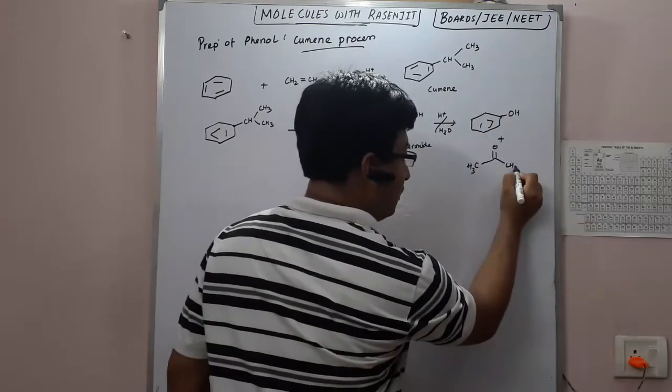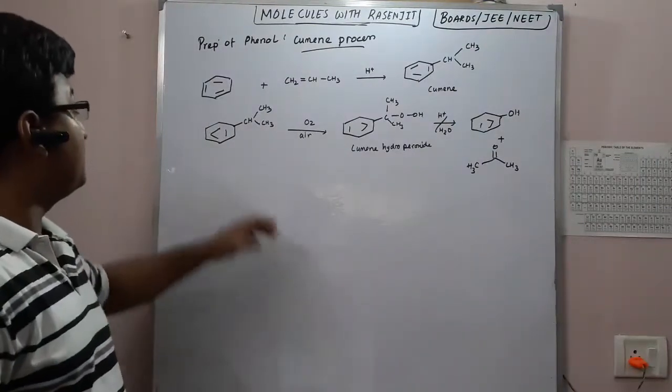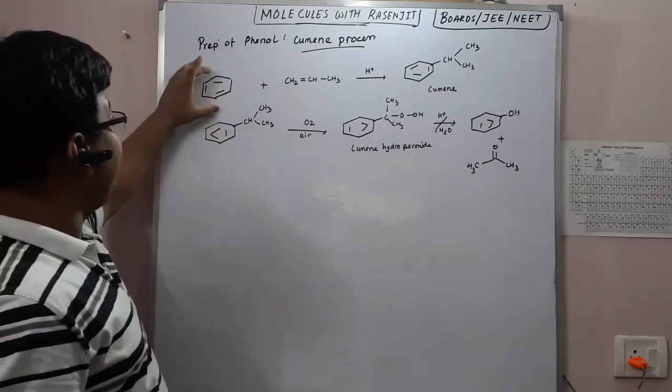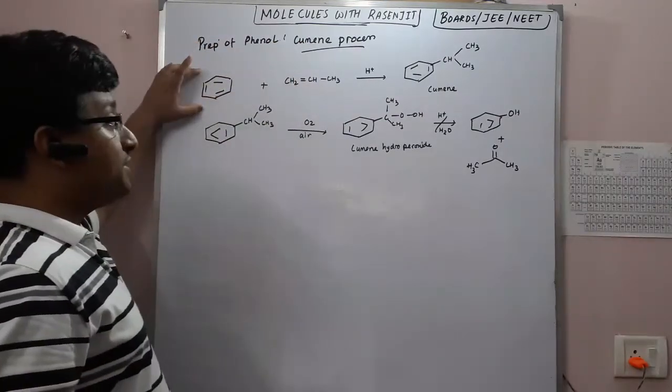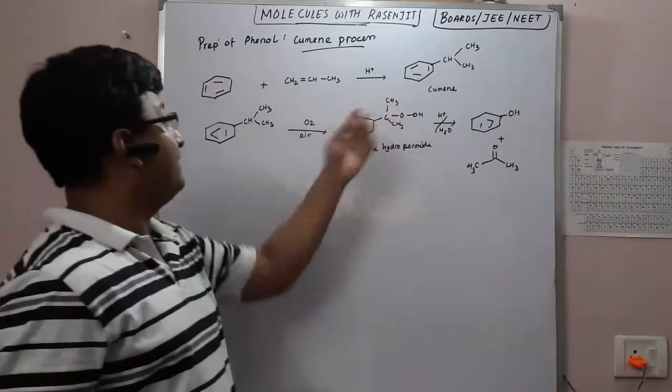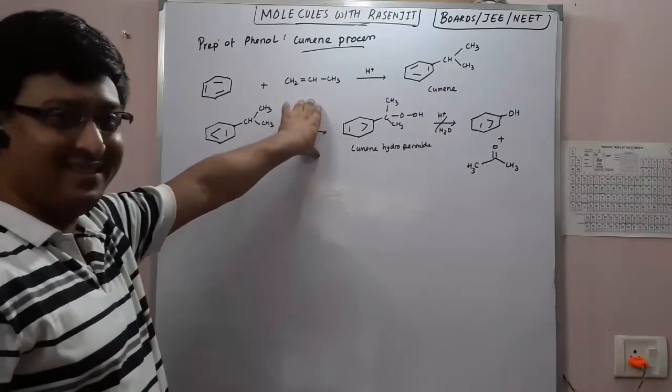Clear? Now, what I am doing in this process: two inexpensive materials, propene and benzene, form cumene, which is also very inexpensive and easily available.